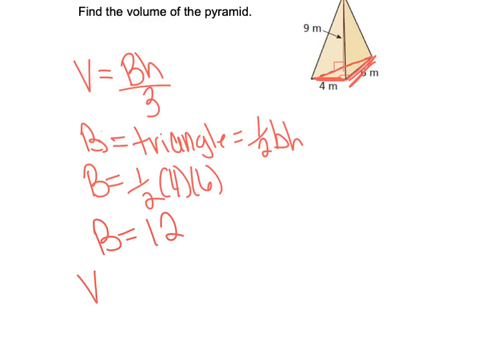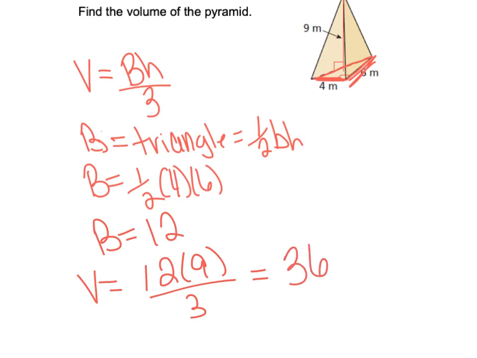So the volume of the whole thing is the area of the base, which we calculated to be 12, times the height, which is 9, divided by 3. So the volume is going to be 36 meters cubed, and since we're still in volume, our label is going to be cubed.